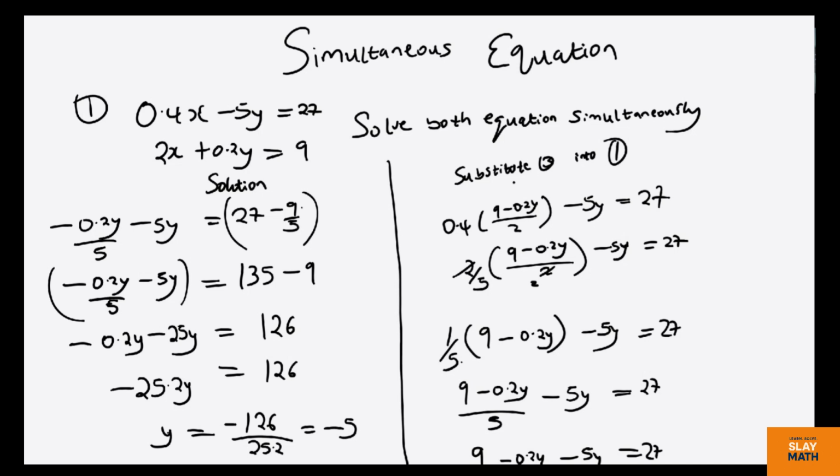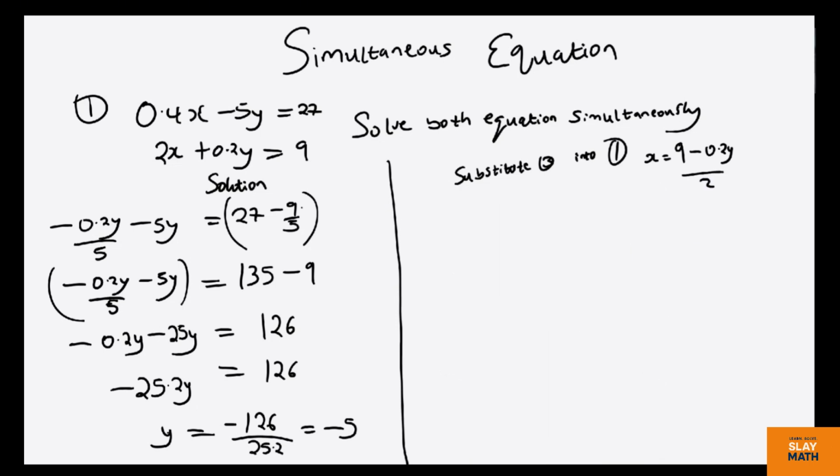So remember, our equation 3 is, let me write it somewhere so we don't forget: x is equal to (9 minus 0.2y) over 2.